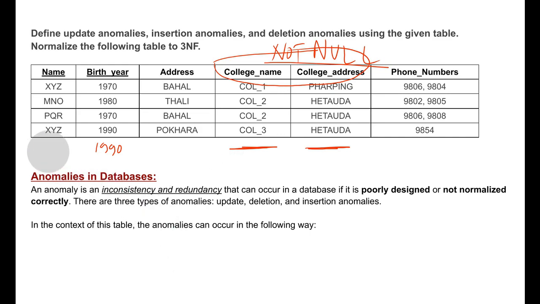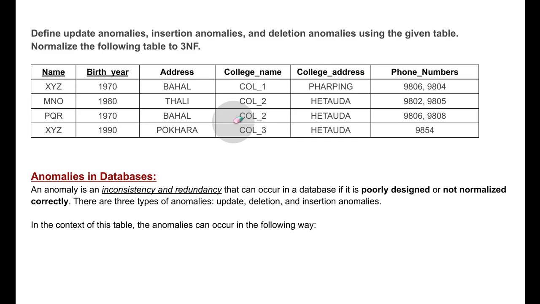Okay. Another case could be something like this. We have a new college XYZ, C underscore XYZ, and this college does not have any students yet, or let's say we do not have the data of students who belong to this college. If you try to insert this college's record in this table, it will not work.